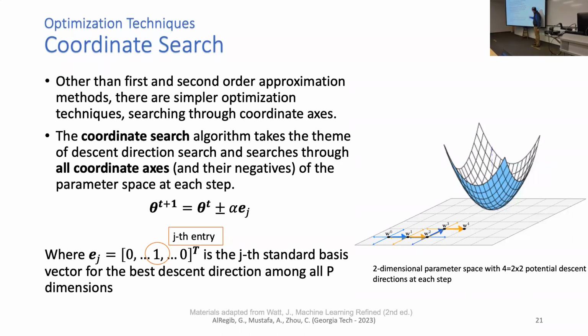In this case, you look east, west, north, south, and then you see which one of these four will move you to a lower cost function. And you move to the next one and look at every direction. You can think of it as more of a brute force search. You look at the coordinate, and from there you find your way to the solution.